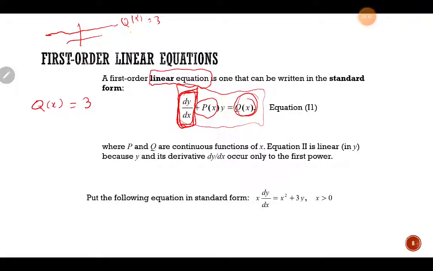Okay, for an example, we have this equation, let's look. We have x dy over dx equals x squared plus 3y, where x is more than 0 here.